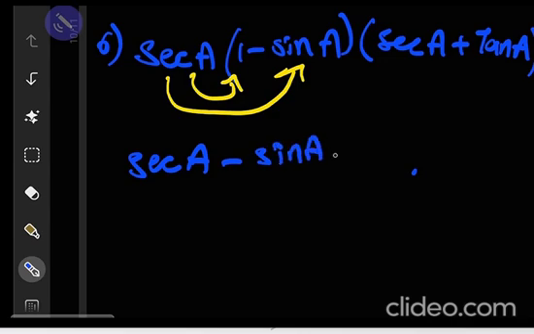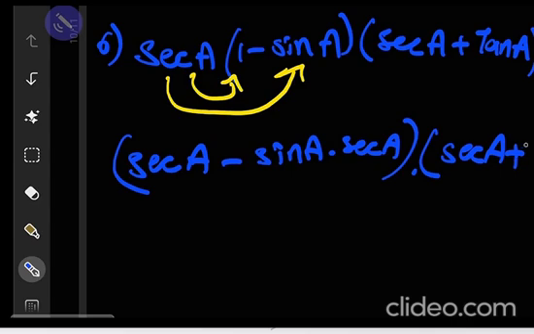And also we have secant A plus tan A. So keep this secant A as it is, and for sin A secant, write it as 1 by cos.